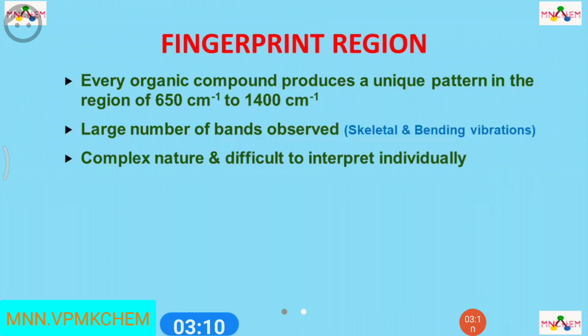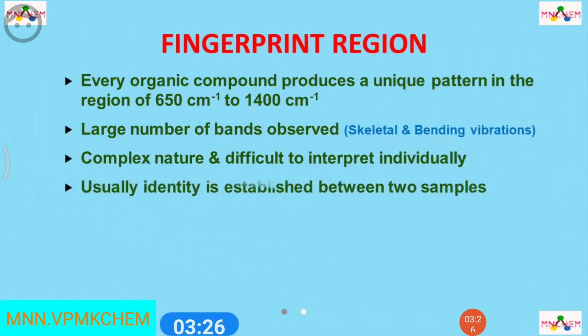When we look at that region, it is very difficult to interpret those individual bands because it has very complex nature. The bands overlap on each other, and it is difficult to interpret individual bands.